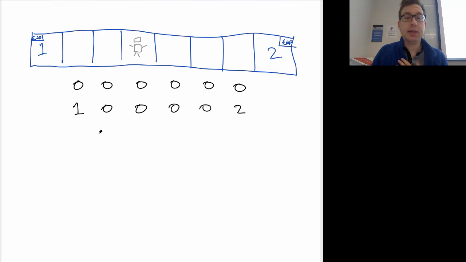Then, next round, I'll be here, and I can either go right or left, again. If I go right, the value is 0, or if I go left, the value is 1, so it stays 1. This guy, if I go left, I get a value of 1, and if I go right, I get a value of 0.